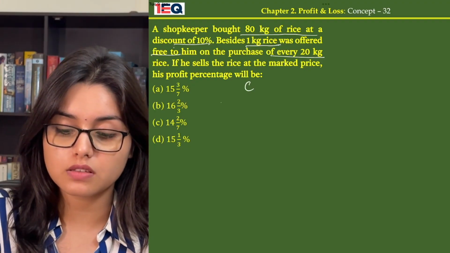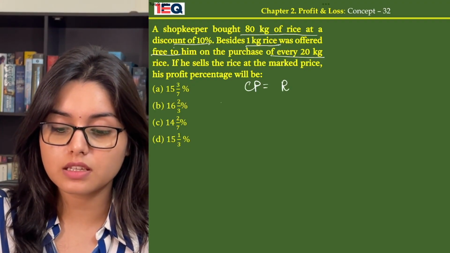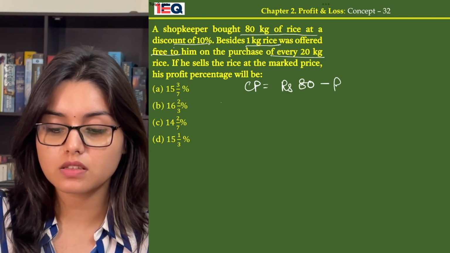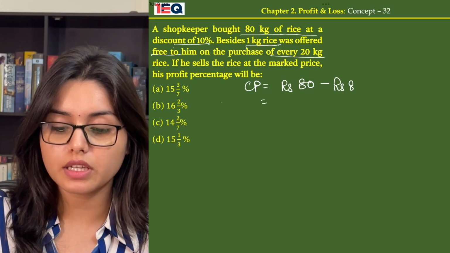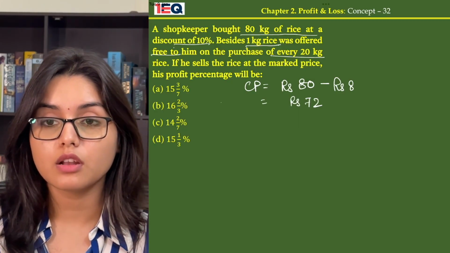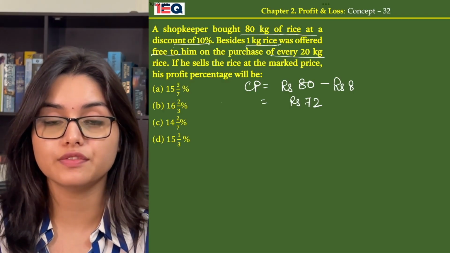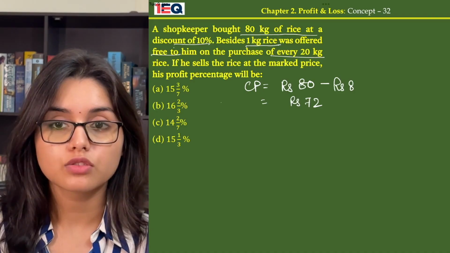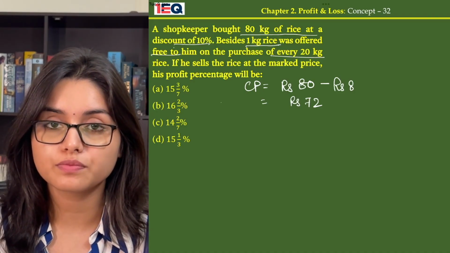So his cost price will be rupees 80 minus a 10% discount on 80, that is rupees 8. So he bought 80 kg of rice at rupees 72. Now he received 1 kg rice free on the purchase of every 20 kg rice. So he got 4 kg rice extra.